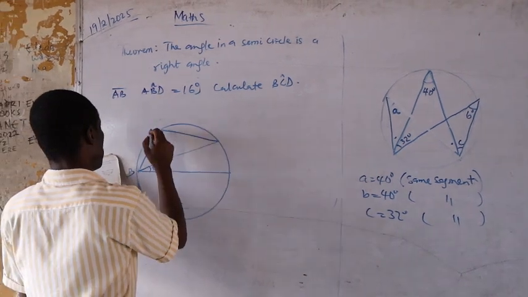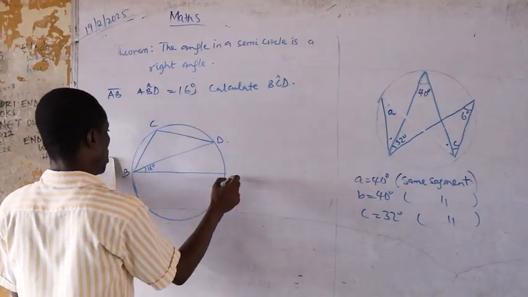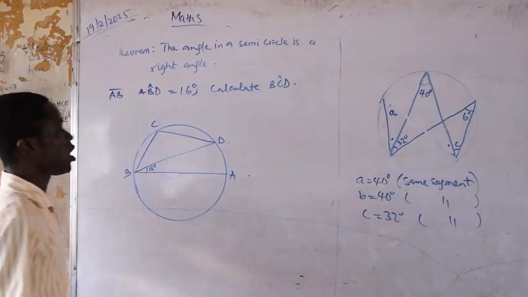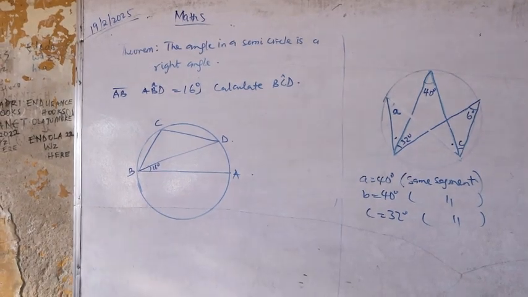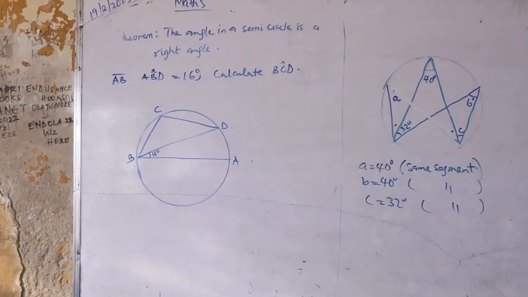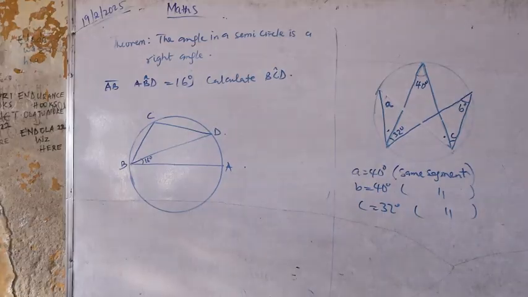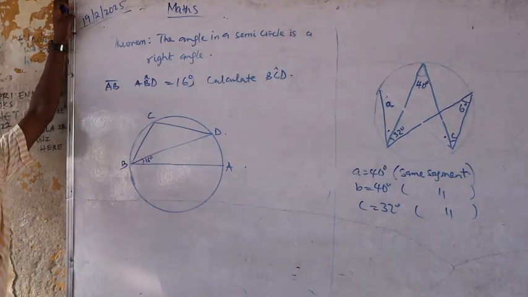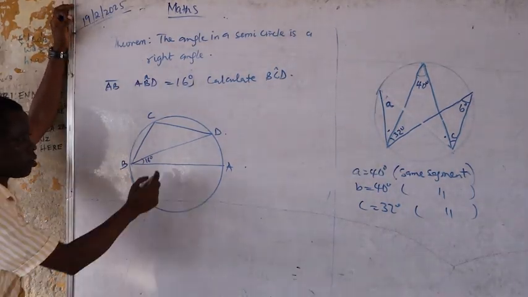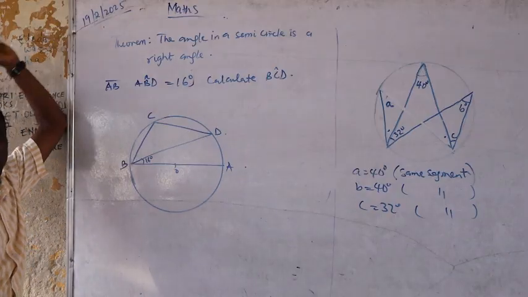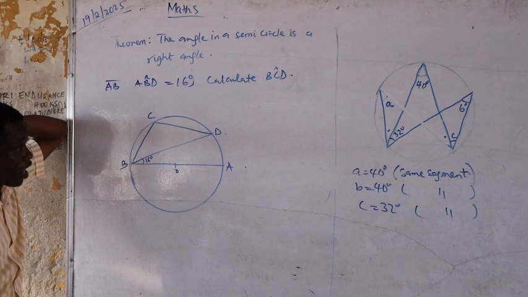This is B, C, D, and this is A. Now, look at what we have on the board. We want to find the angle BCD. Now, BA is what? That line BA is the diameter.